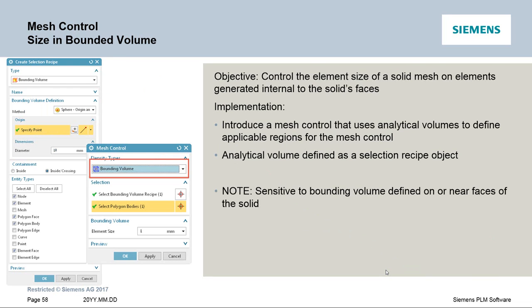We can also control the mesh in terms of the size on the bounded volume. So here we can define a volume which needs to be interior to the solid body and an element size, and that will then control the element size inside the volume.